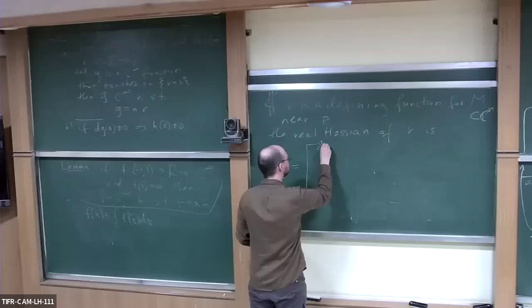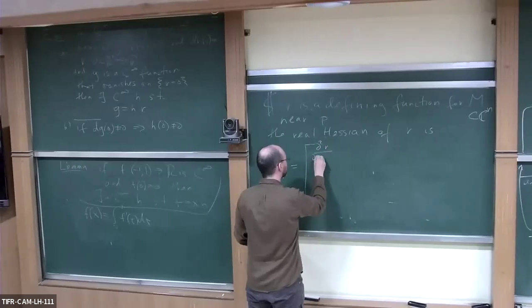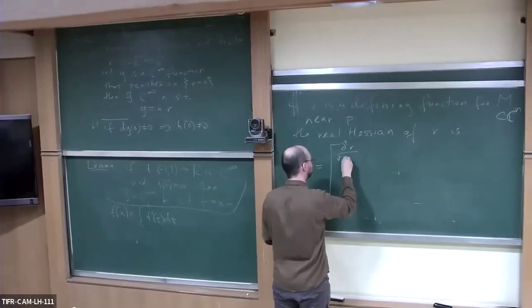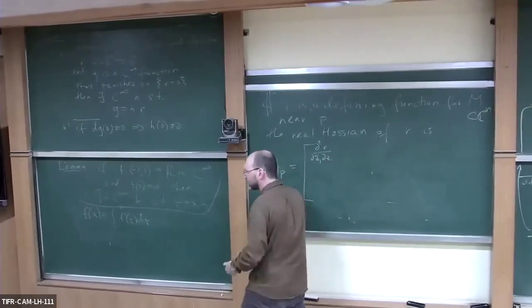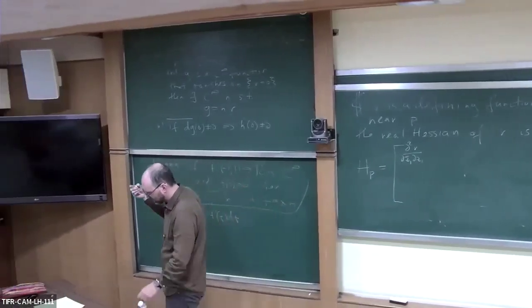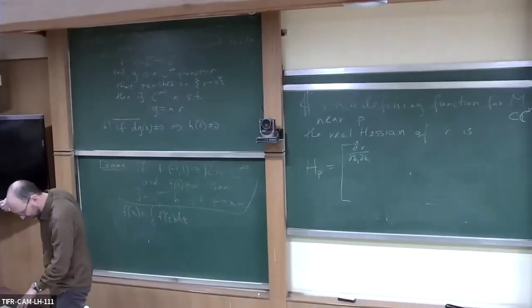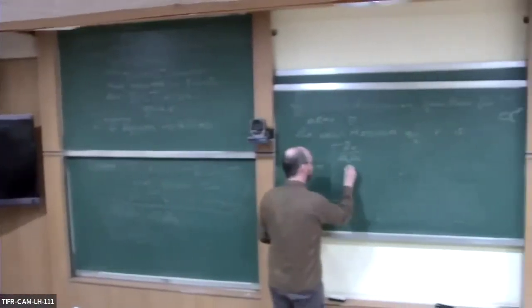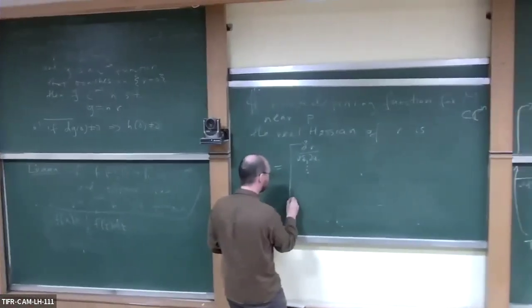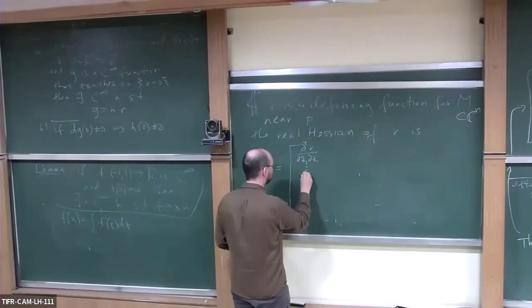So it's the second derivative of R. I'm going to start with the Z bars here and Z's here, and I'm going to take all the Z bar derivatives in the first component, to make sure I'm doing this correctly, because there are different ways of writing it.